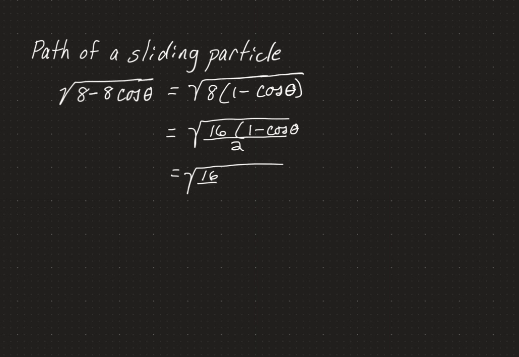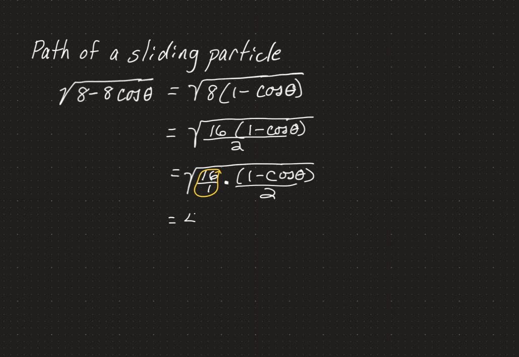We could rewrite that as 16 over 1 times, close that parenthesis, 1 minus the cosine of theta divided by 2. Oh, but we can take the square root here of 16. It can come out of there.